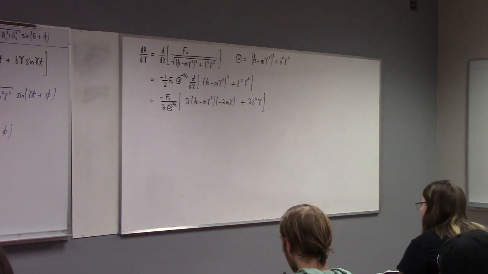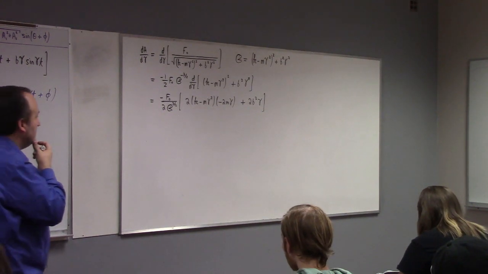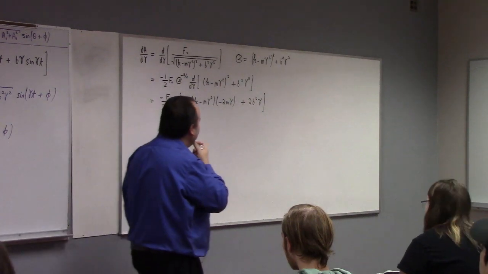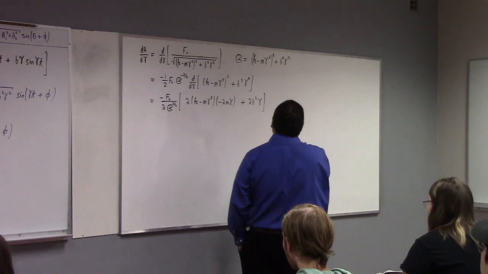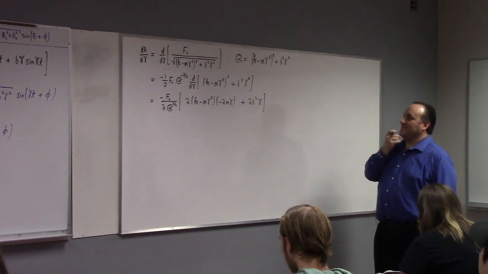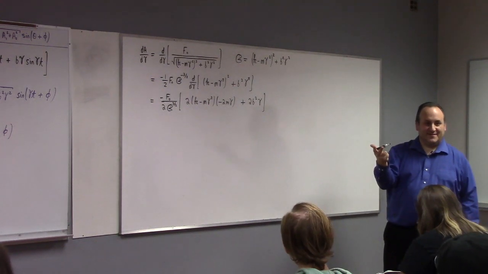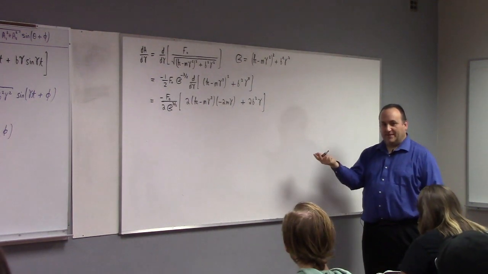Now, can Pac-Man be 0? I'm going to say no. Well, if k and m and b were all 0, then yes. But physically speaking, we don't want to think about that.